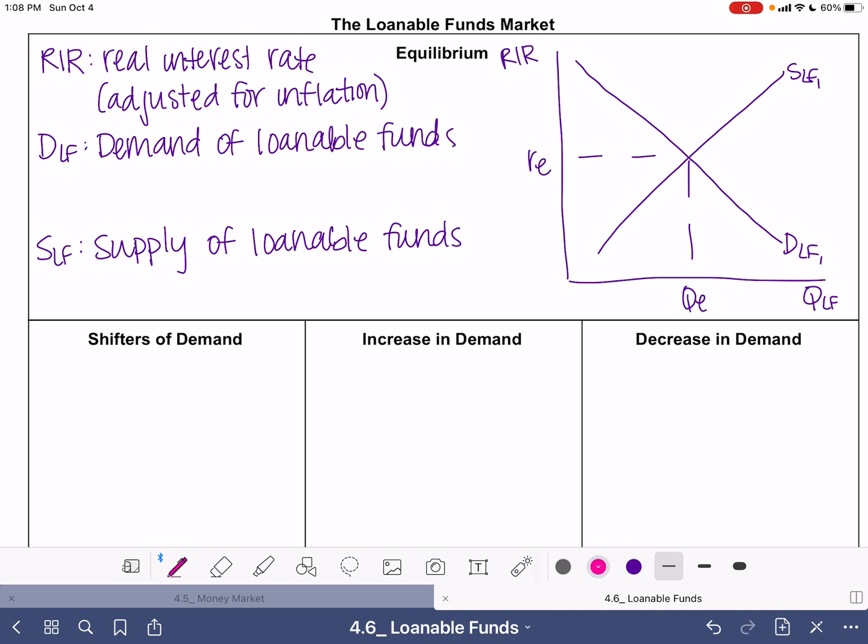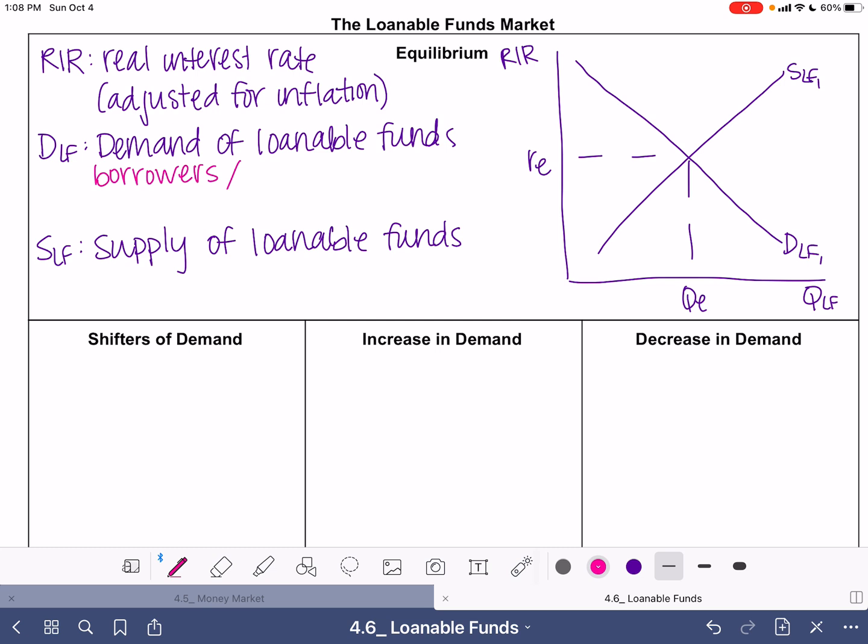So our demand of loanable funds represents our borrowers. If you need a loanable fund, you're demanding a loanable fund. If you are demanding a loanable fund, you are borrowing money. So the demand of loanable funds is our borrowers.